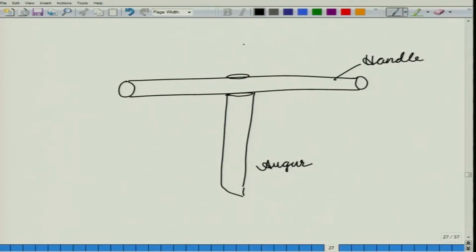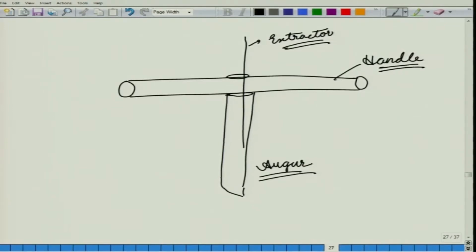And then from this hole we can push inside the extractor. Now, the beauty of the instrument is that you can put the auger and the extractor both inside the handle and then carry it in your vest.